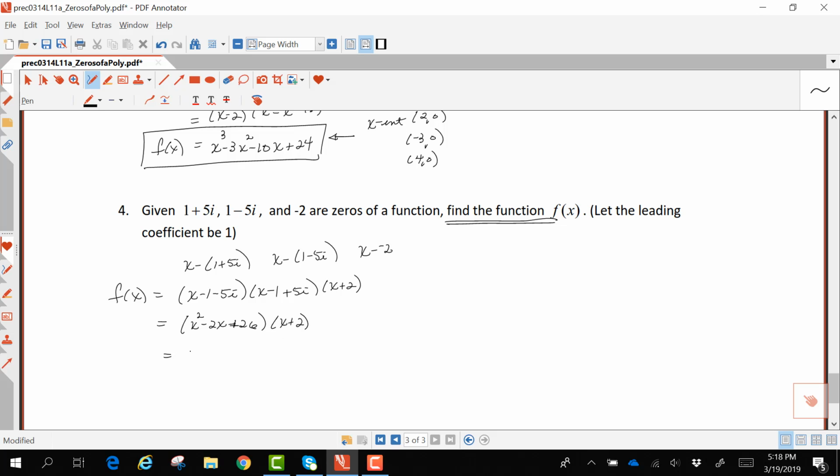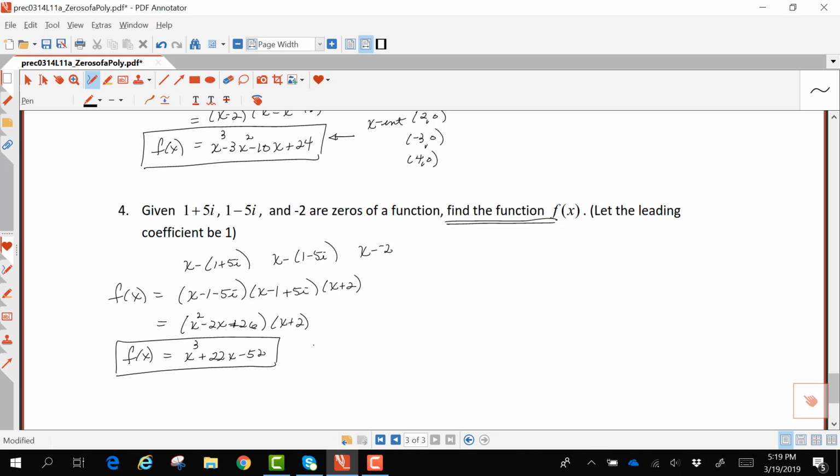And then when you distribute the remaining trinomial times the binomial, you will get the third-degree polynomial of x cubed plus 22x minus 52, which would be the resultant polynomial with the given zeros.